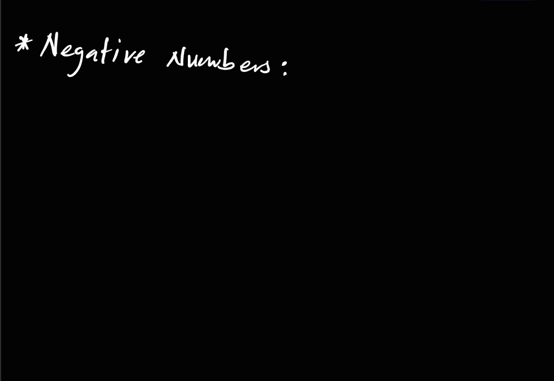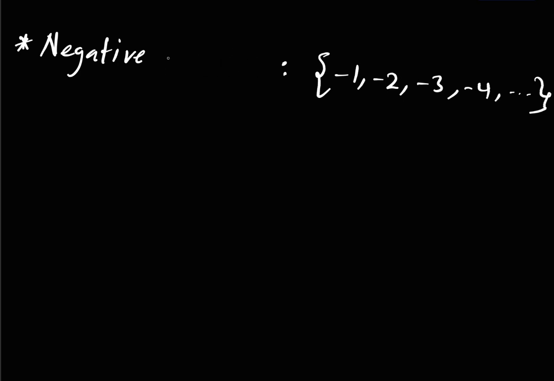There's no zero because we don't have something like -0. So these are numbers such as -1, -2, -3, -4, and then the list continues to negative infinity. Sorry, this should be negative integers instead of negative numbers, because integers are whole numbers that can be positive or negative. So we have two types of integers: negative integers and positive integers.